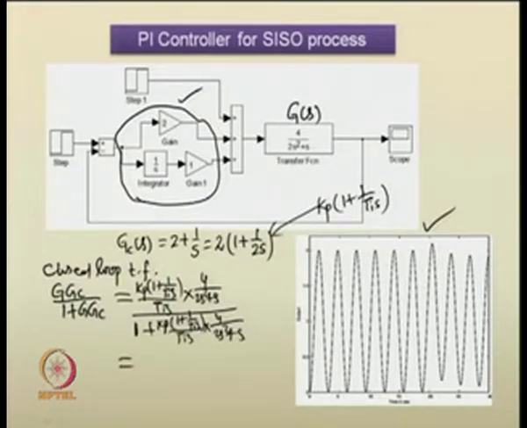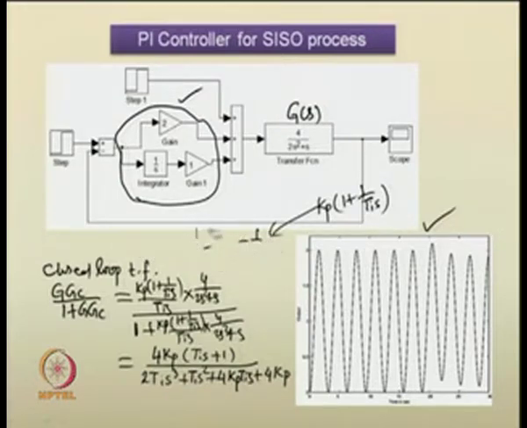This can ultimately be written in the form of 4 Kp times TIS plus 1 in the numerator and 2 TIS cubed plus TIS square plus 4 Kp TIS plus 4 Kp in the denominator. So, the stability of the closed loop system can be ascertained from the denominator polynomial of the closed loop transfer function.